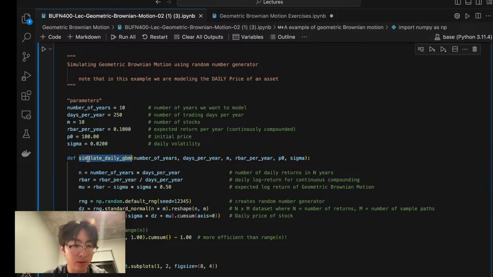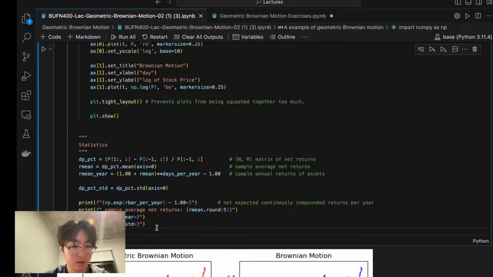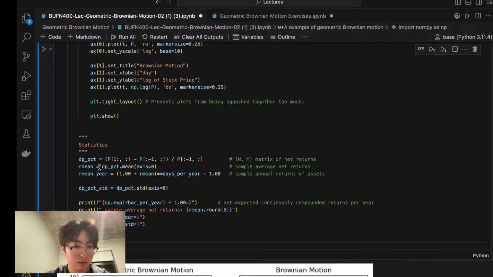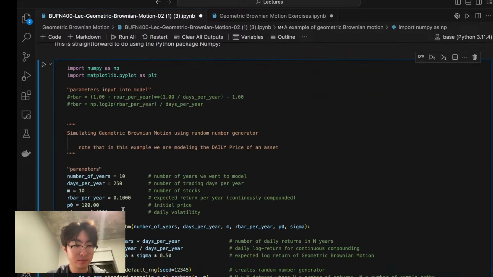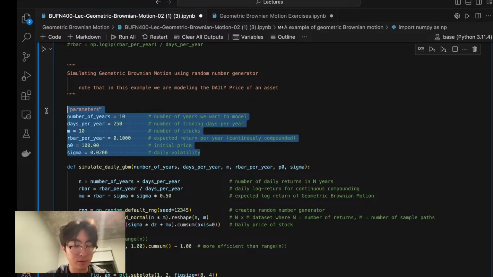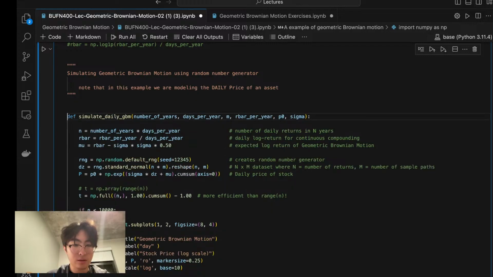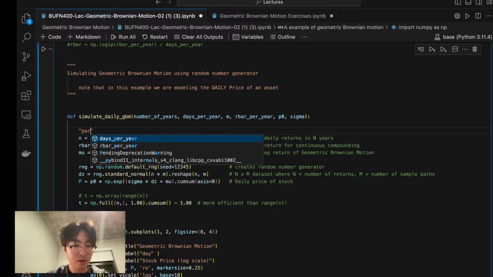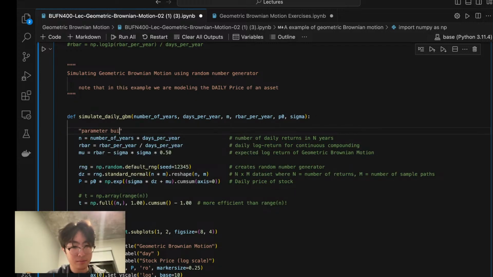All right, and then now we can just call our function at the end. So I think these are our parameters. Parameter processing, okay.